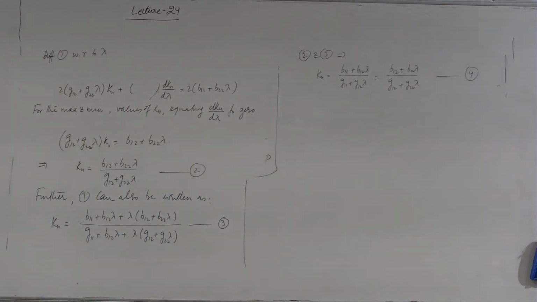You see what componendo and dividendo rule says, that if x equal to a upon b and this is also equal to c upon d, then x is also equal to (a plus lambda c) upon (b plus lambda d). That can be proved by adding 1 on both sides.